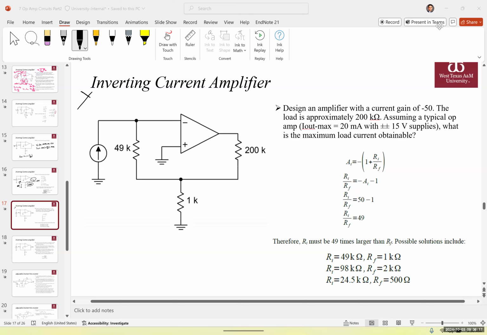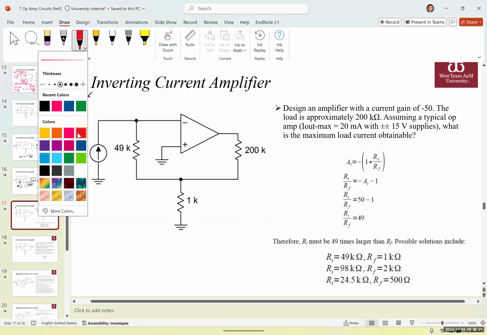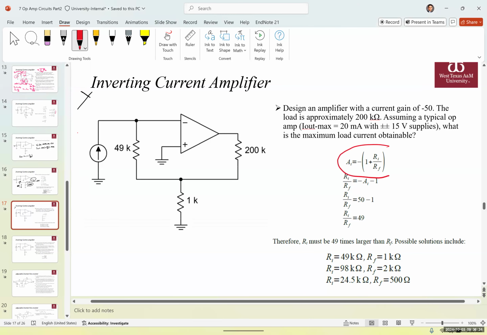From the previous class, we learned that the current gain in an inverting current amplifier is equal to -(1 + Ri/Rf). The gain is -50, so Ri over Rf is going to be 50 minus 1, which gives us 49. So the ratio of the input resistor to the feedback resistor should be 49 to 1.